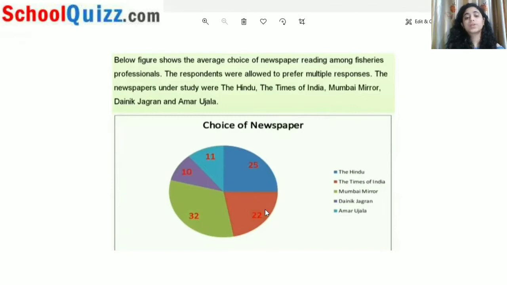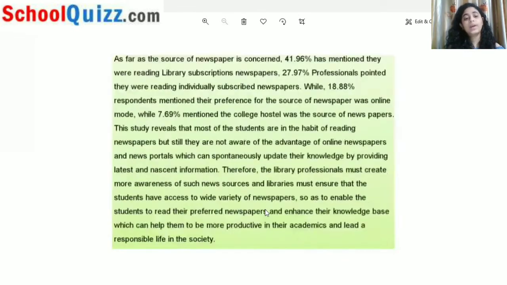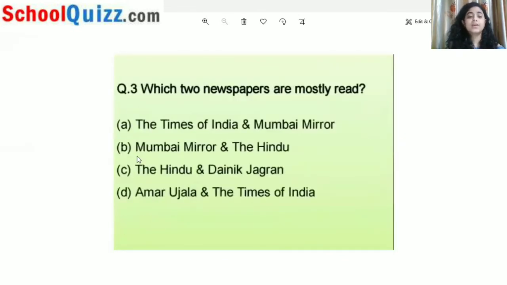So our option will be Mumbai Mirror and The Hindu, from the options: Times of India and Mumbai Mirror; Mumbai Mirror and The Hindu; and Dainik Jharkhand, Amar Ujala and the Times of India. The correct answer is Mumbai Mirror and The Hindu. I hope I'm clear with it, right?